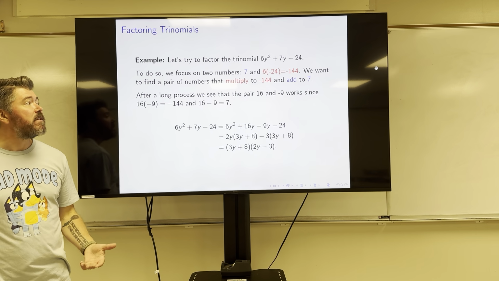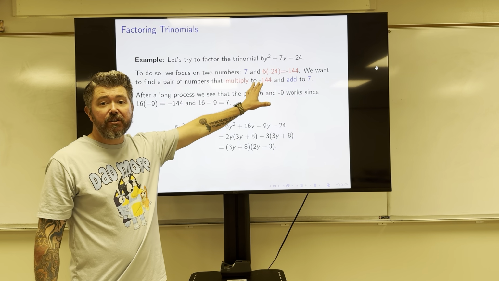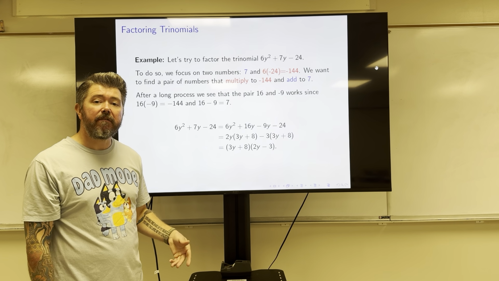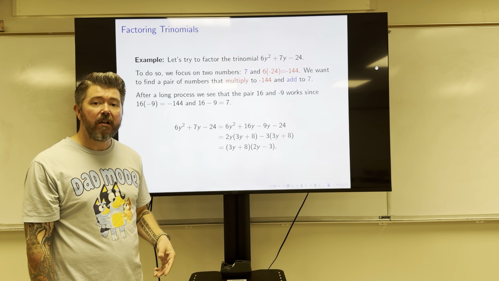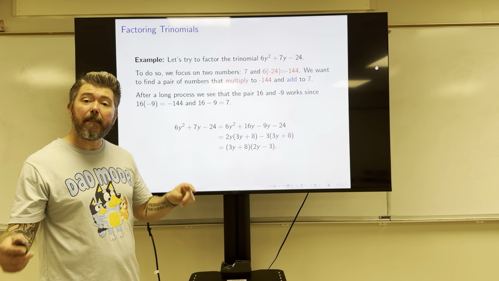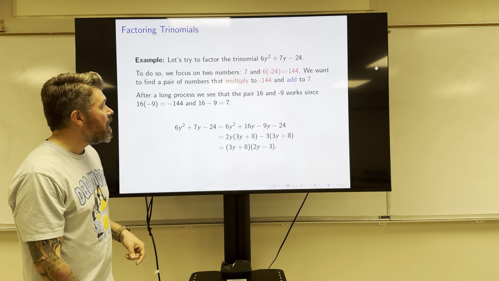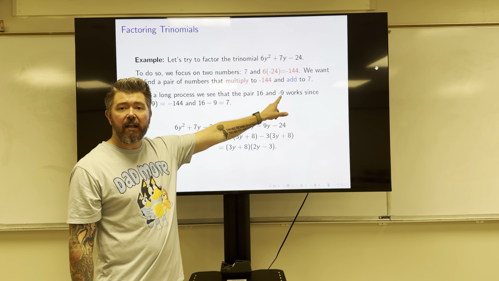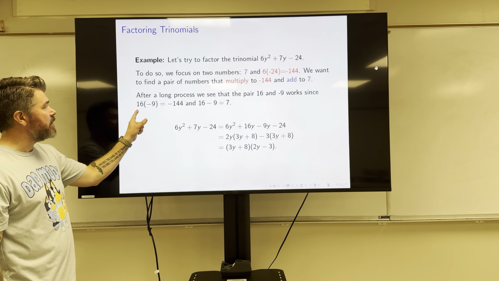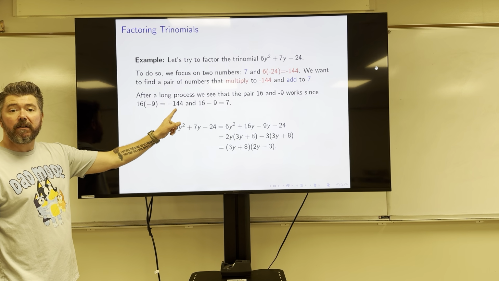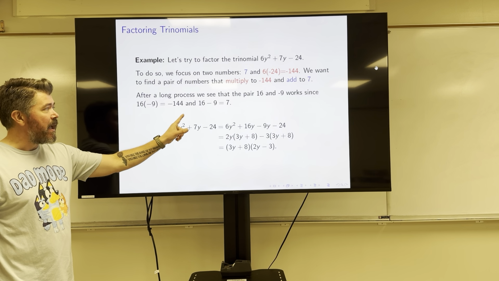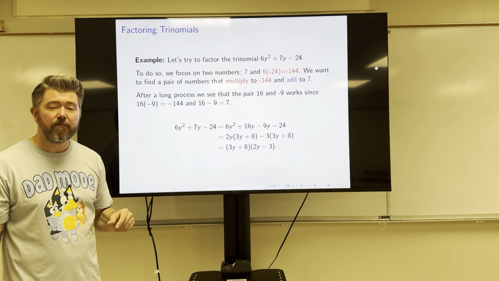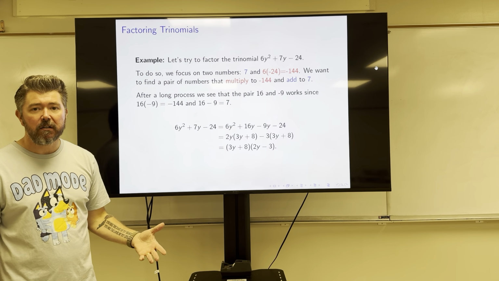Now, without listing out all of the factors of 144, I would pause the video and try to find all of the factors of 144, and then convince yourself by making one of them negative that the pair that works is 16 and negative 9. Notice that 16 times negative 9 is negative 144, and 16 minus 9 is positive 7. So that's our magic pair.